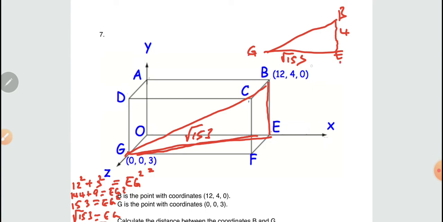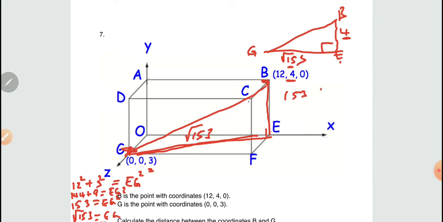So G to E, the square root of 153, and E to B is 4 because we know along the y-axis it went up by 4. And we have to work out from B to G. Now again, this is Pythagoras' theorem, so you do that squared plus that squared. Now this is the reason why we left it as the square root of 153, because the nice thing is, if you square that, it just becomes 153 anyway.